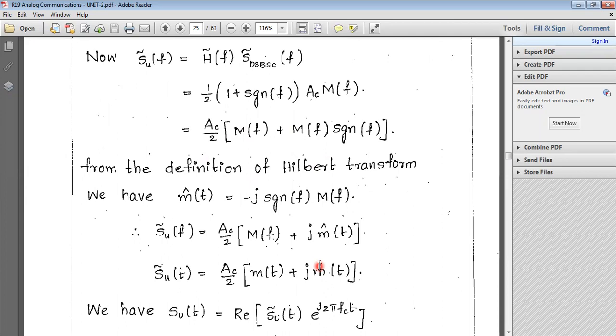Already you know the Hilbert transform. From the definition of Hilbert transform, we have M cap of t. What is M cap of t here? M of t is the in-phase signal. M cap of t is the out of phase signal. From the definition of Hilbert transform, the out of phase message signal M cap of t can be written as minus j into signum function into capital M of f.